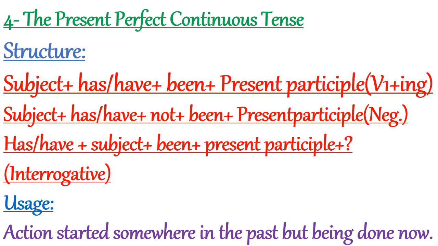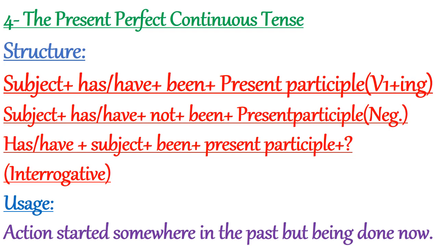Then in negative sentences, subject plus has or have plus not plus been, means we put not between has or have and been, and plus present participle. Then in interrogative, we use has or have in the beginning, then subject, then been, then present participle, and at last we use question mark.